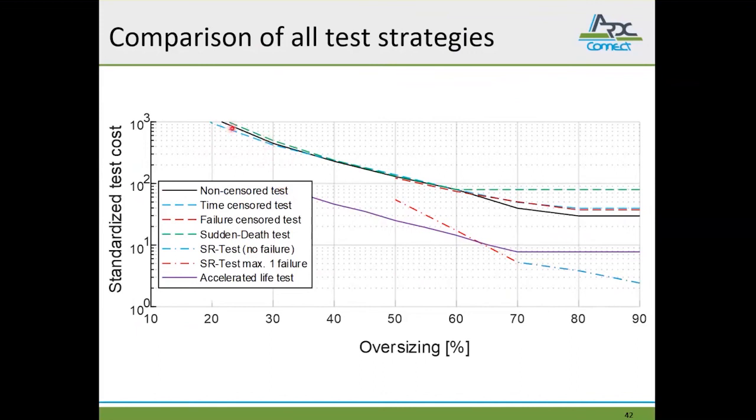So this plot pretty much shows what we want to tell you. If we have high oversizing, then the success run test can be successful and the cheapest one. If we have low oversizing, then we need to switch to the accelerated test because the success run test cannot fulfill the requirements anymore.